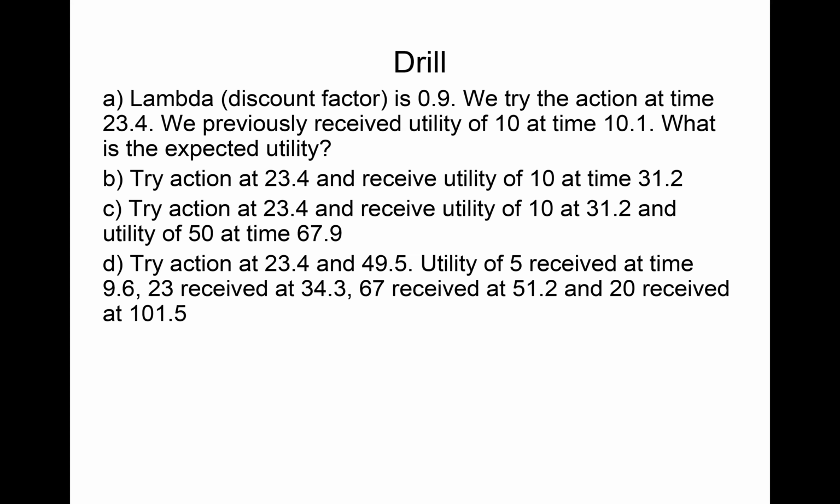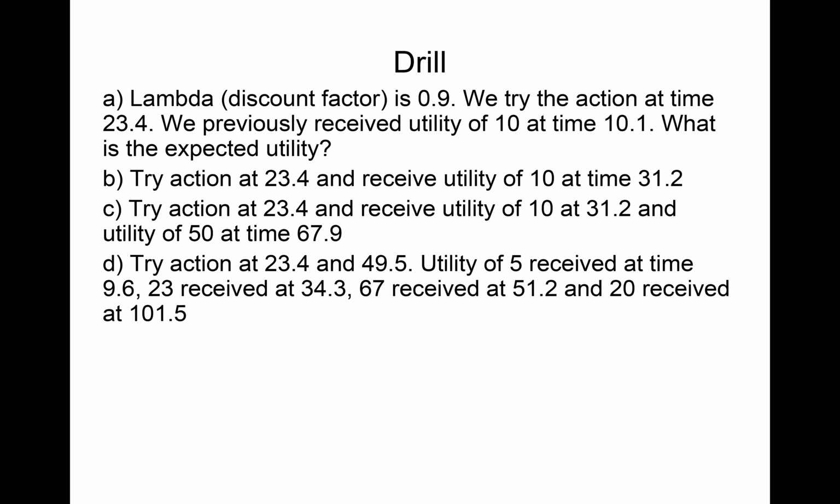So we still tried the action at 23.4, but we had to wait much longer to get it. Probably it's a bad deal for the impact on the sum, because this is very sensitive to changes in the exponent. That's where we get the exponential decay.